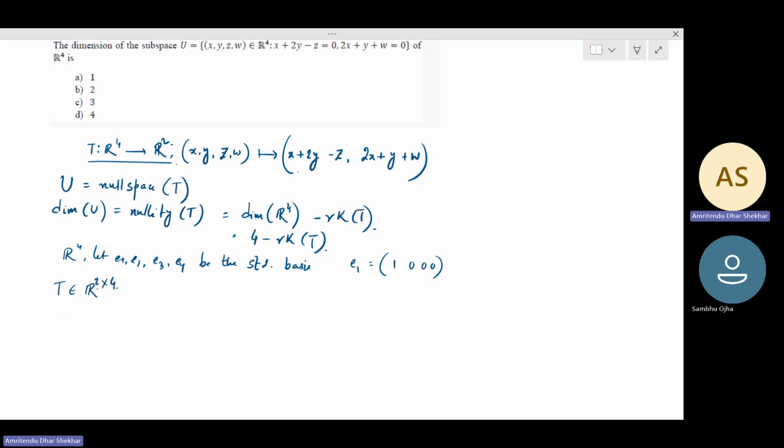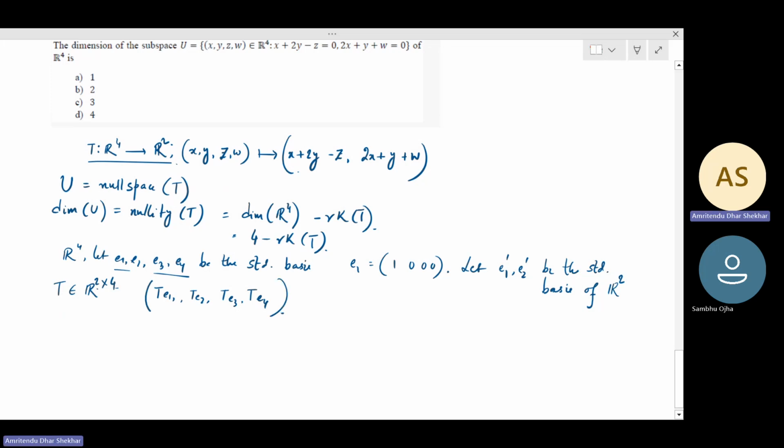And how do you fill up this matrix? You choose E1, E2, E3, and E4 as the standard basis of R4, and let E1 prime and E2 prime be the standard basis of R2. Then you compute TE1, TE2, TE3, and TE4, and you represent these vectors in terms of the basis elements E1 prime, E2 prime, and you form a matrix.